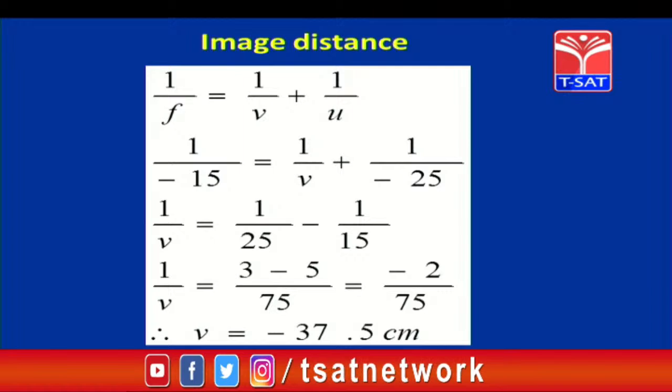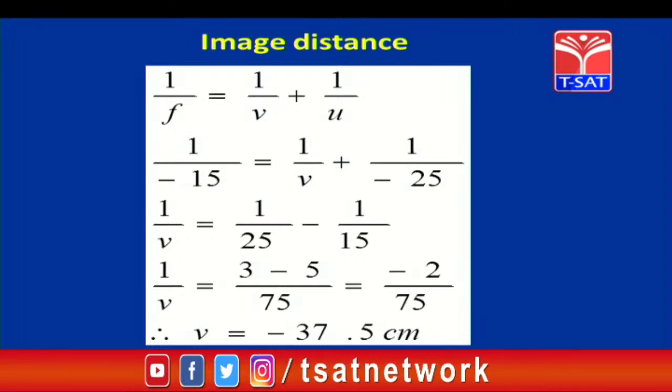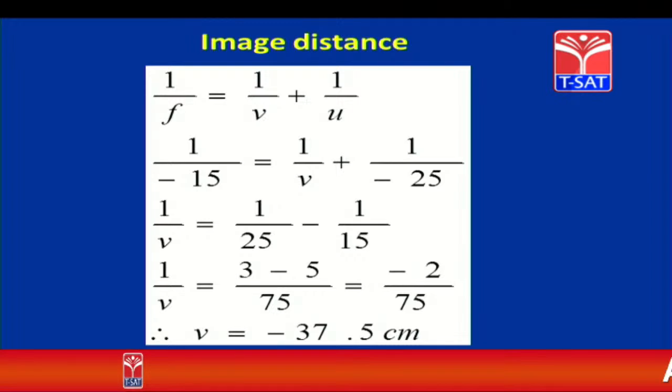Children, using the mirror formula and substituting the values, 1 by F is equal to 1 by V plus 1 by U. F is minus 15 centimeters, U is minus 25 centimeters. Substituting here, we have 1 by minus 15 is equal to 1 by V plus 1 by minus 25.